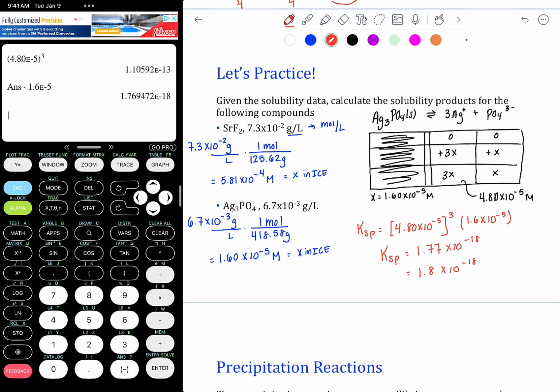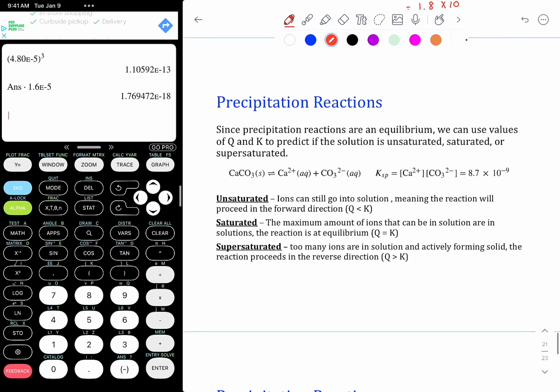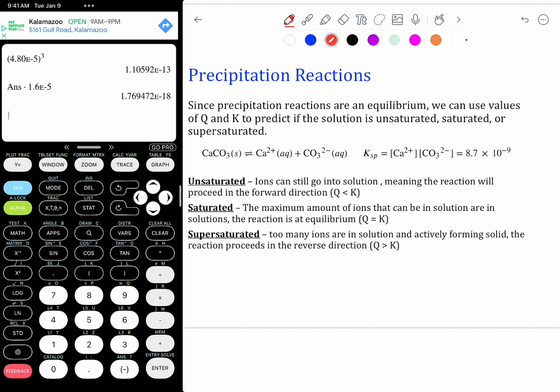Now we can predict if something is going to dissolve in solution or not, or how much will dissolve in solution. Because this is an equilibrium, we can utilize that K value, that KSP, to determine how much, or even if at all, that solid is going to dissolve. So, since precipitation reactions are in equilibrium, we can use values of Q and K to predict if the solution is either unsaturated, saturated, or supersaturated.